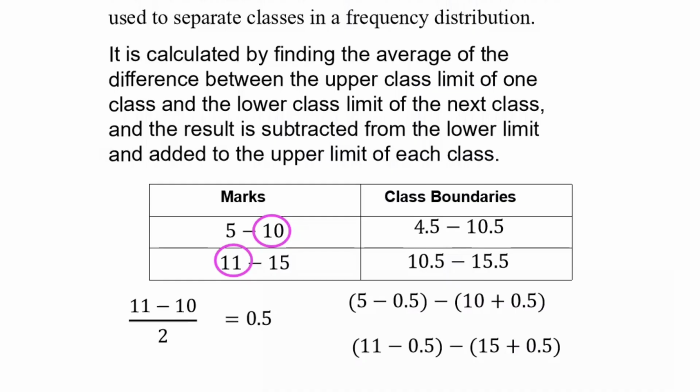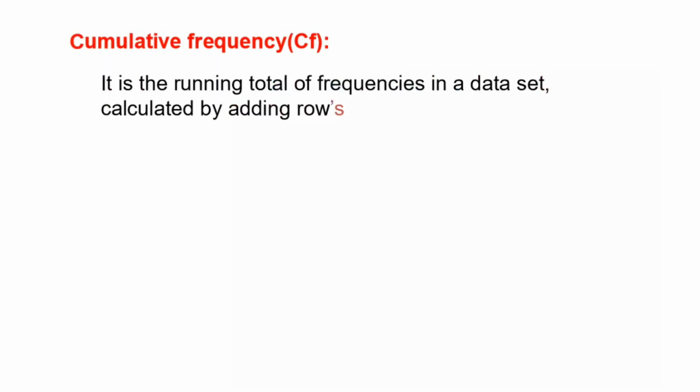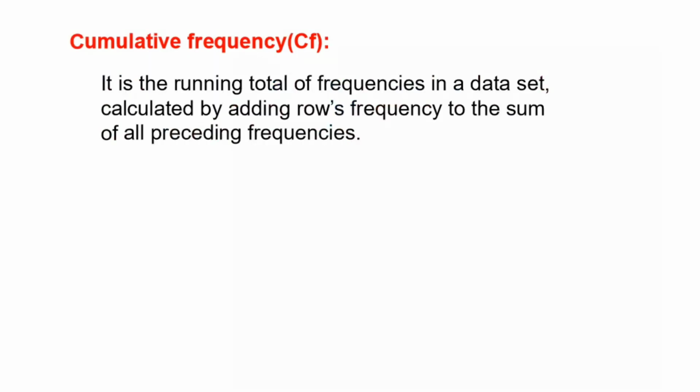All right, great. Now let's talk about the cumulative frequency, the CF. It is the running total of frequencies in a data set, calculated by adding each row's frequency to the sum of all preceding frequencies. To get the cumulative frequency, you start from the very first frequency value.